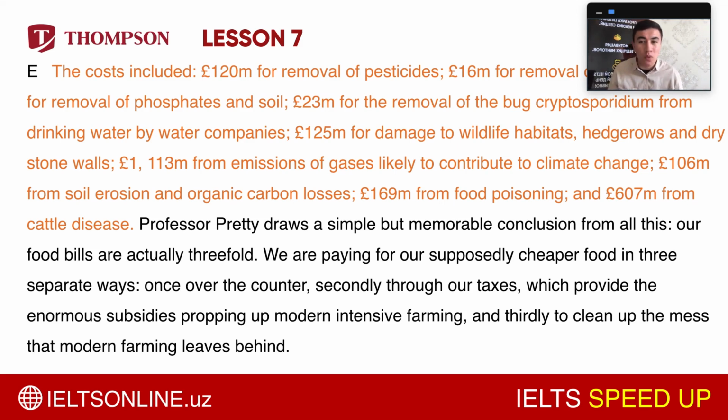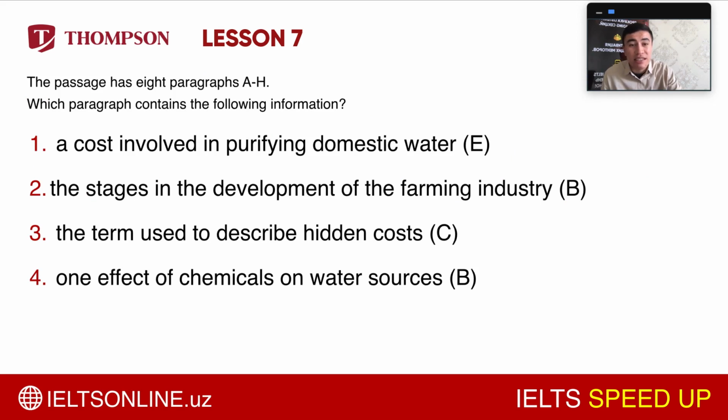So to clean drinking water, we should spend this amount of money, 120 million pounds, just to remove pesticides. So other bacteria or other chemicals will still be there. And of course, the answer is E.